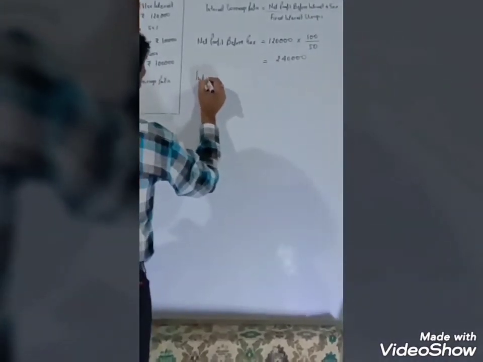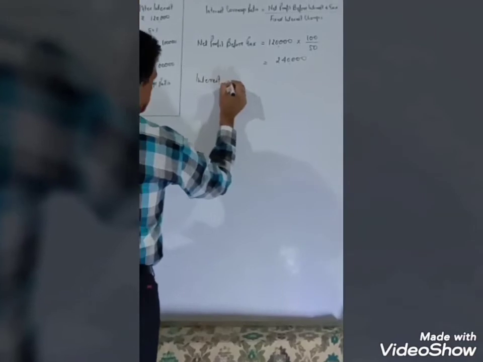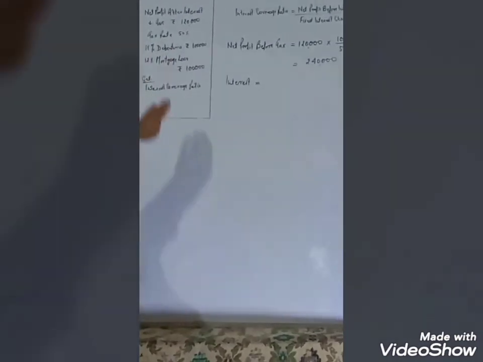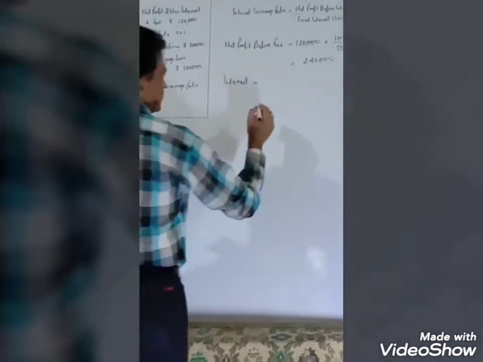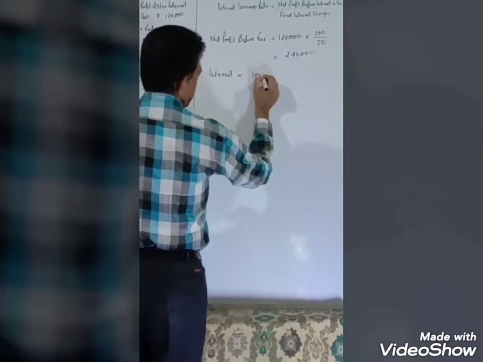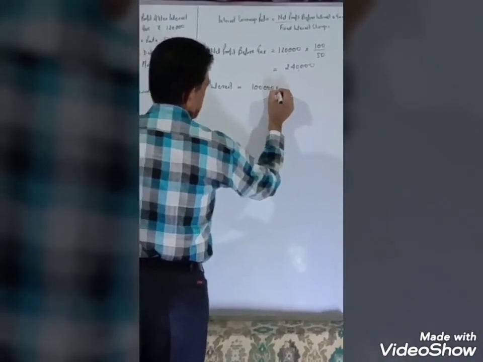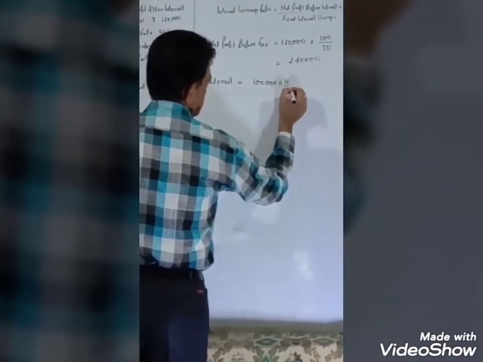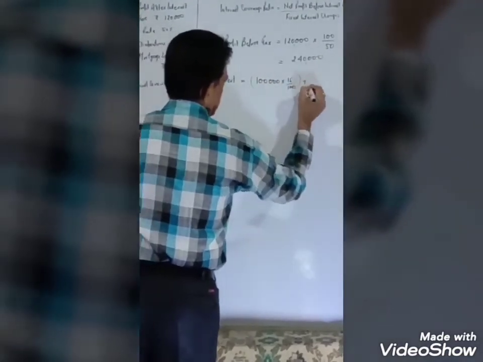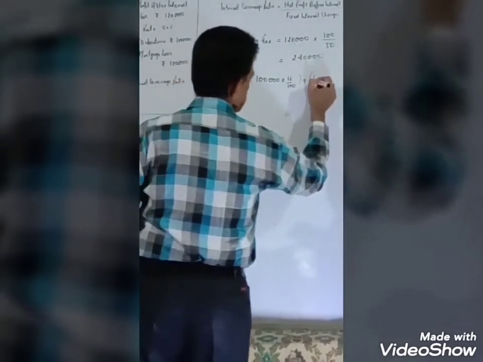Interest is equal to interest we have to calculate on the long term borrowings. 15% debentures, 1 lakh worth debentures are there, 15%, plus 1 lakh worth mortgage loan is there.